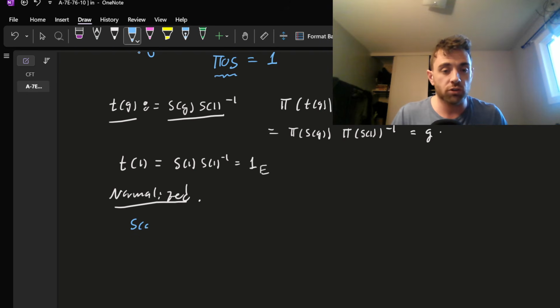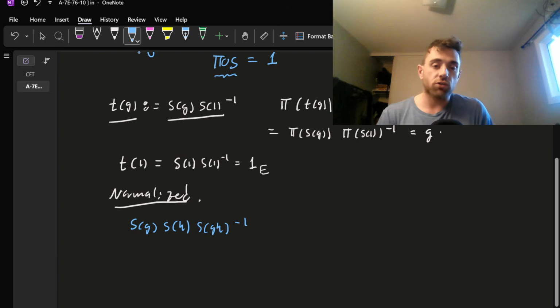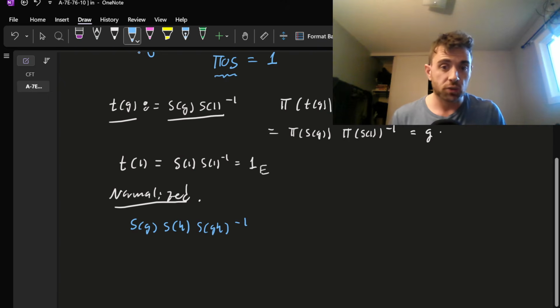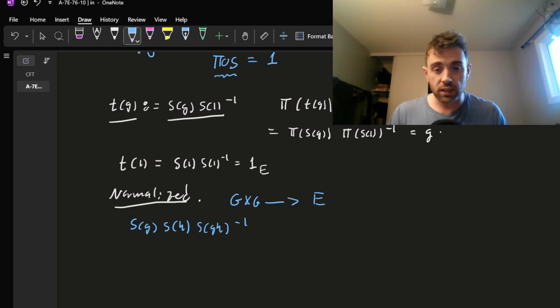So we could consider the following function: S of g, S of h, and then S of gh inverse, right? And notice that this is a function from G cross G into E. This function would just be the identity function in the case that S is a group theoretic section.